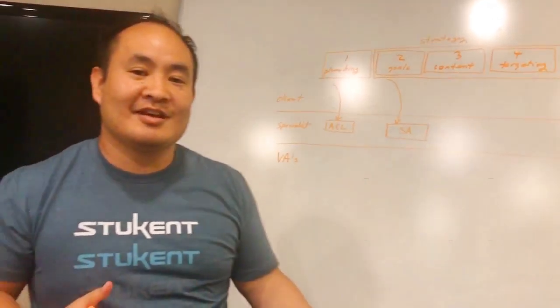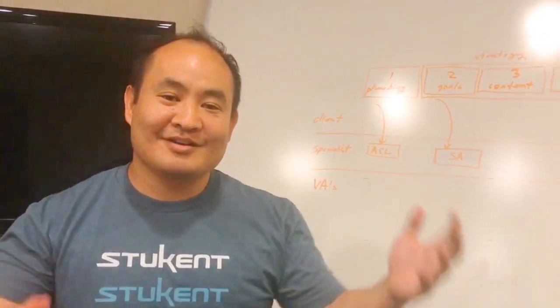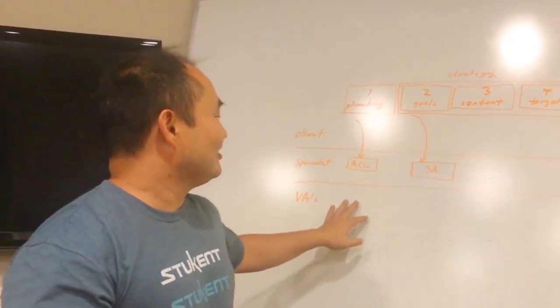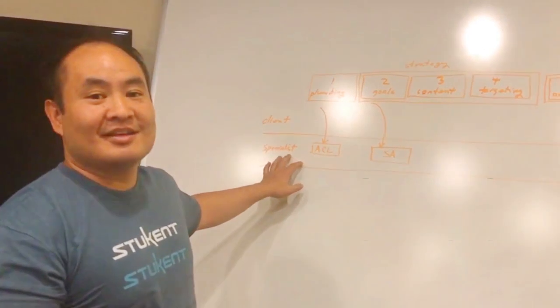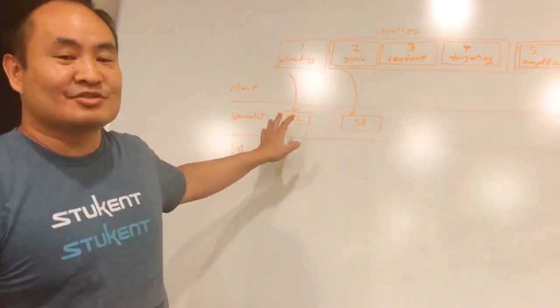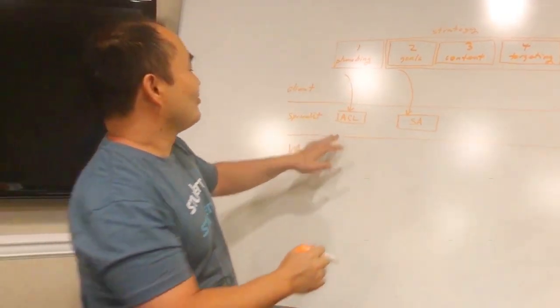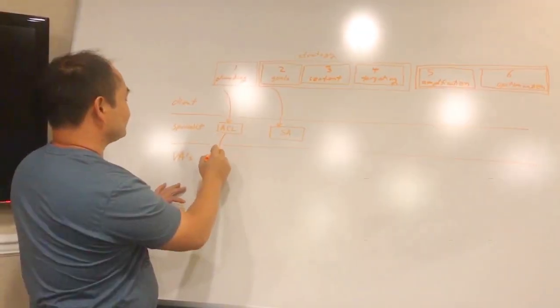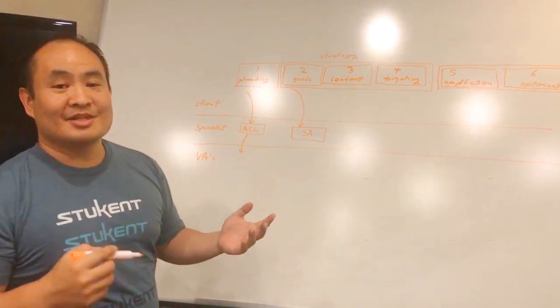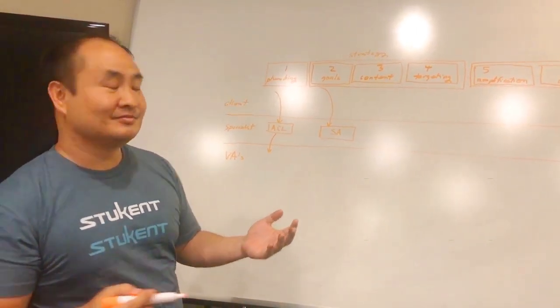then we want the VAs, our awesome VAs, to do the underlying work. So the specialists can be like the waiters in the restaurant, and the VAs are like the cooks in the kitchen, okay? So when the access comes through, then we need to come in and make sure that everything's configured properly, right?